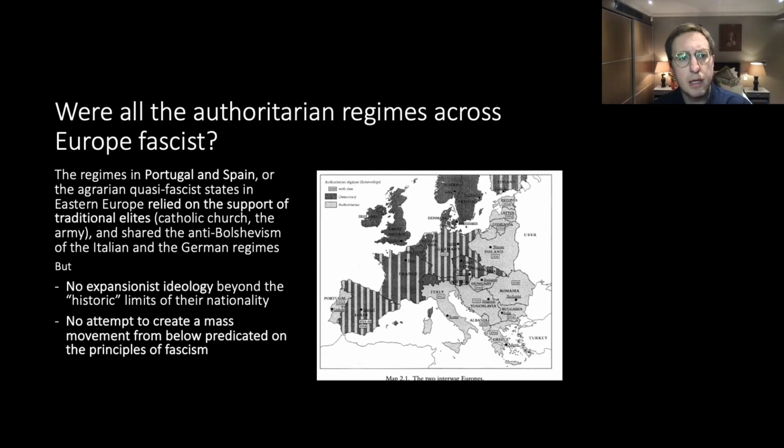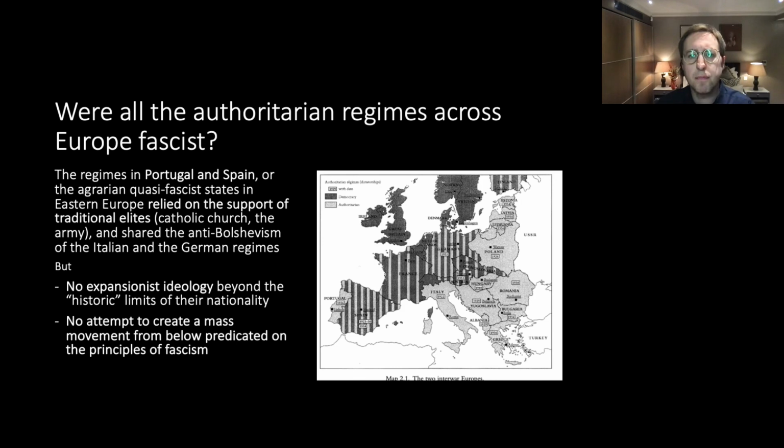And more importantly, in these kinds of regimes, most importantly Portugal and Bulgaria, Poland, etc., there was no attempt to create a mass movement from below, predicated on the principles of fascism. So this is what distinguishes the different regimes that we have in Europe from the Italian and the German case.